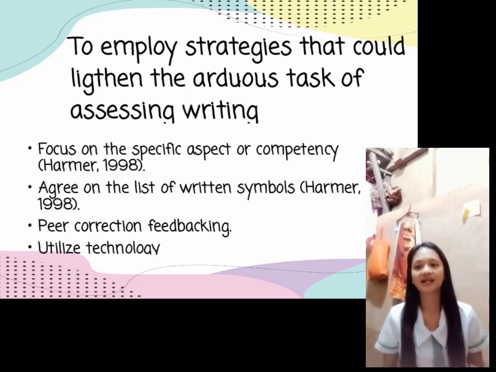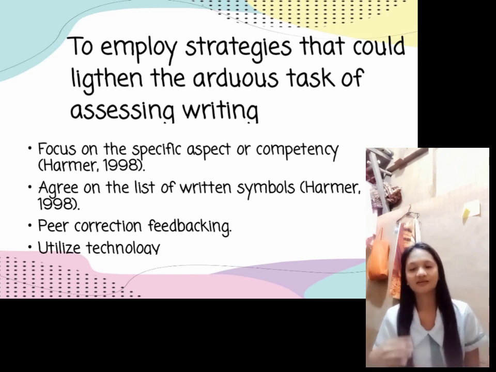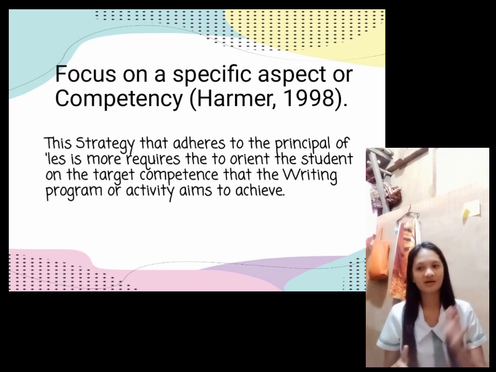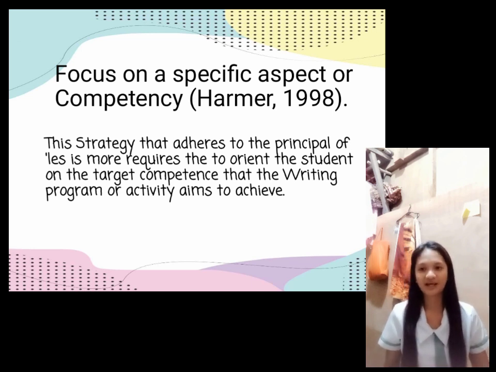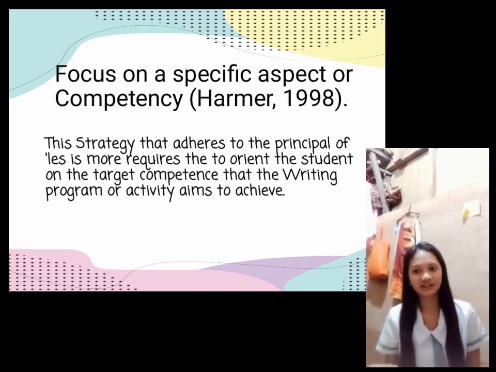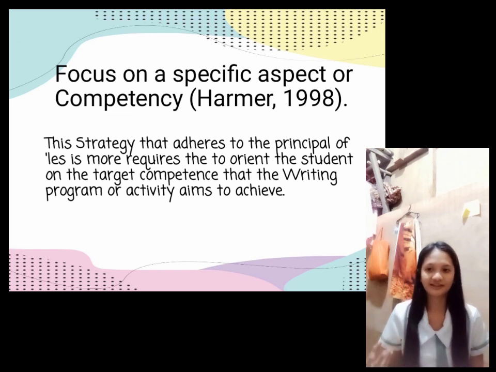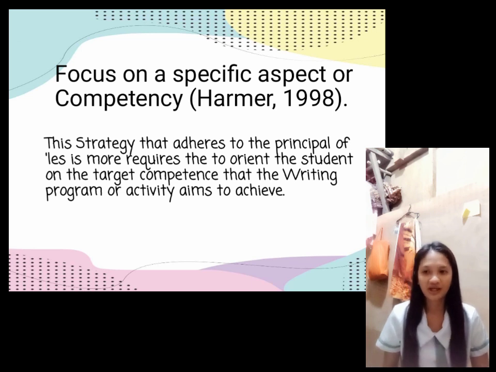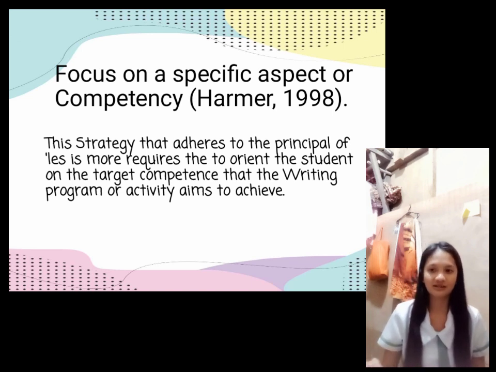So, to employ strategies that could lighten the arduous task of assessing writing, some of these are: number one, focus on a specific aspect or competence. According to Harmer, 1998, these strategies adhere to the principle of less is more and require the teachers to orient the students on the target competences that the writing program or activity aims to achieve.